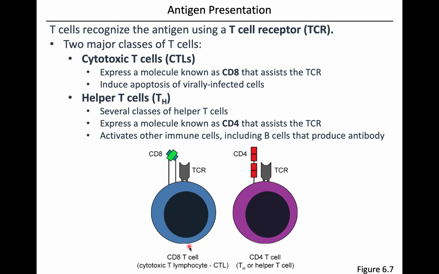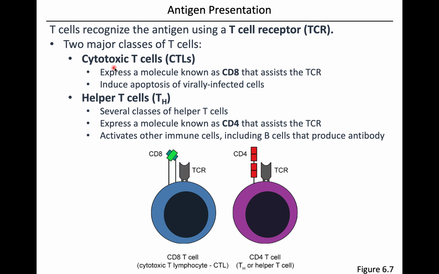So let's look at T cells first. There are really two main types of T cells, two different classes, and they both use what are called T cell receptors to recognize viral antigens. But the two classes are the cytotoxic T cells and the helper T cells.